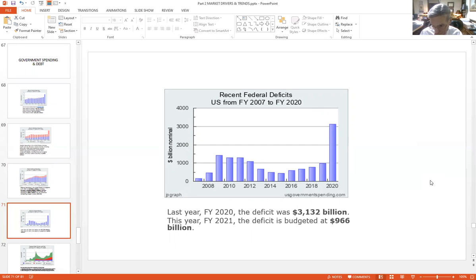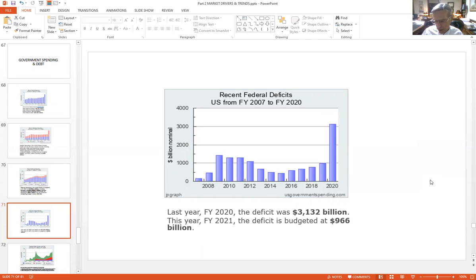So here are a few of the federal deficits. We've already stated that last year. Oh, by the way, the fiscal year of the US government ends essentially September 30th, but for accounting purposes, I believe it's October 1st.